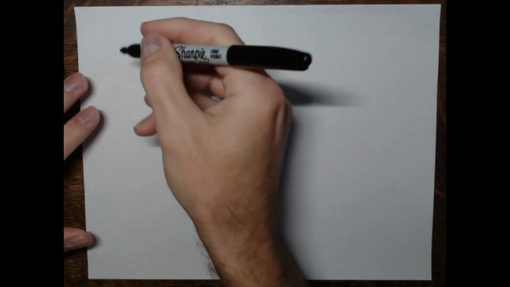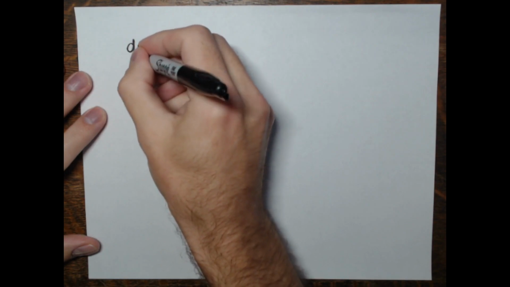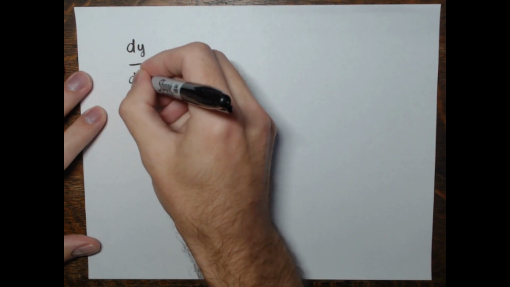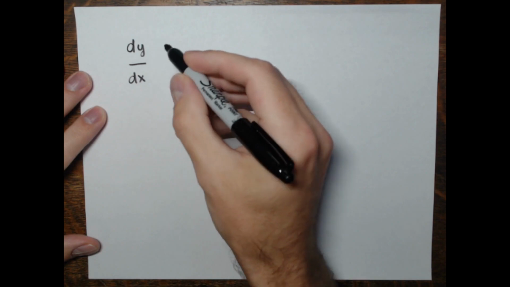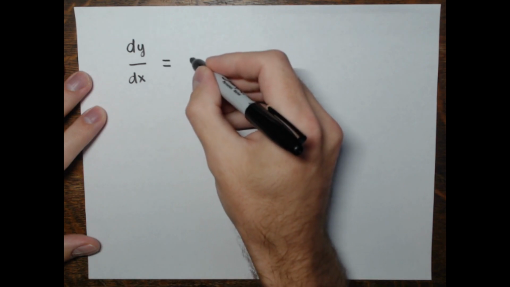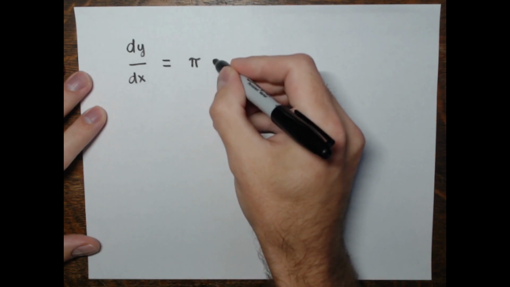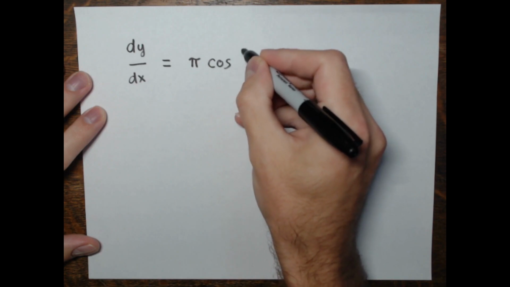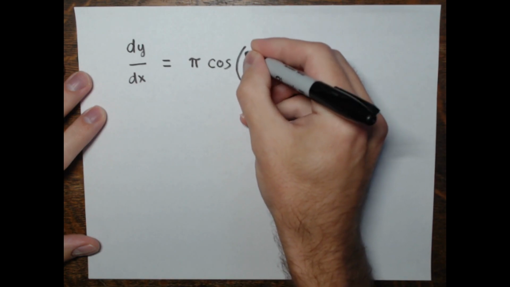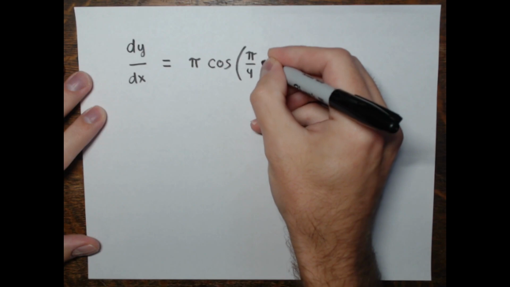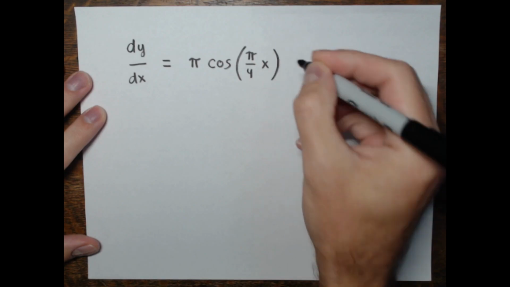All right, so let me write this out. So the equation is this, dy dx, right? First derivative of y with respect to x equals pi times the cosine of, it was pi x over 4, but I'm going to write that as pi over 4 times x, right?